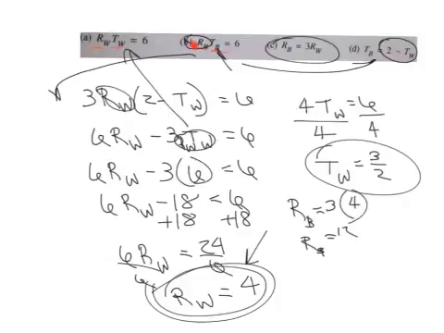So I'm going to put 12 in here, times TB equals 6, divide by 12, and I get TB equals 1/2. So I just found all 4 variables that way.